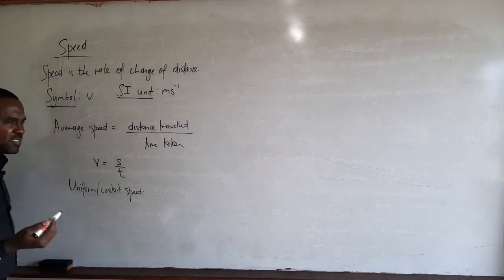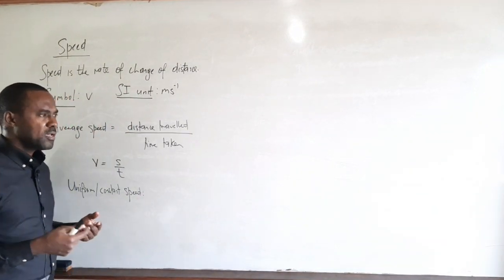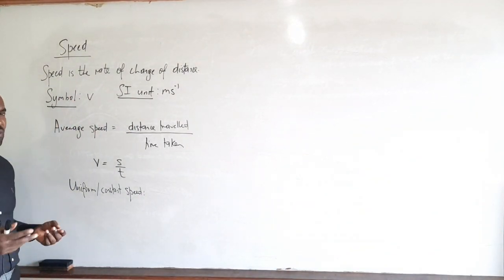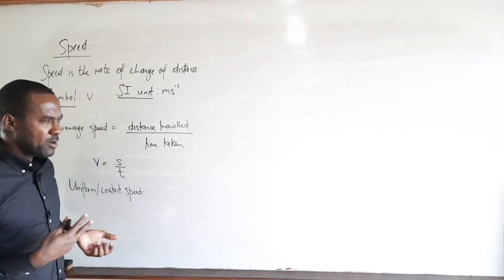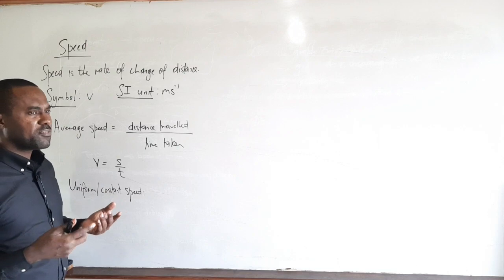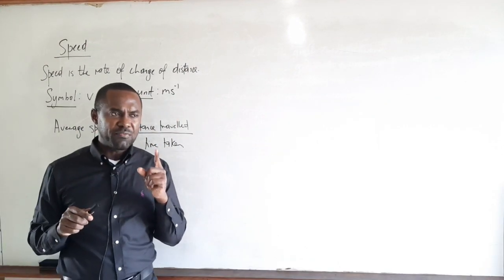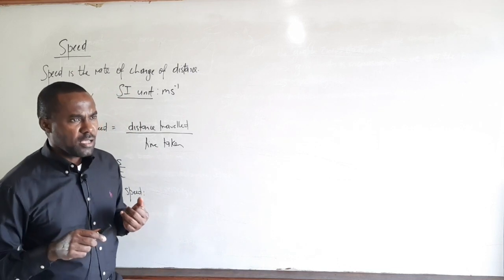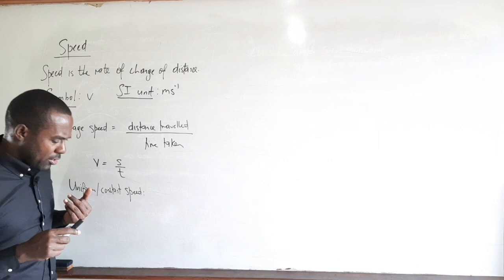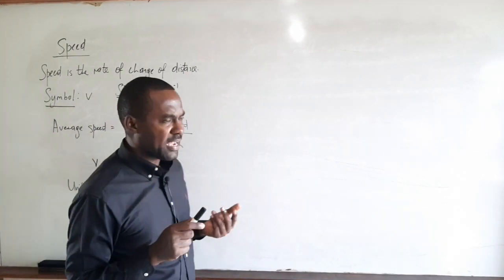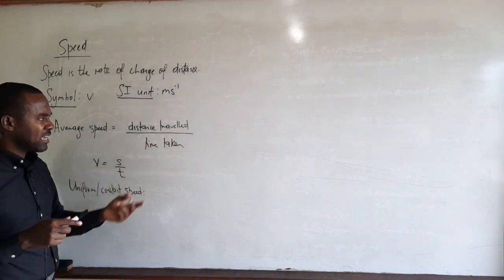Now, previously we met situations in which a body would have been moving and it moves a certain distance in a certain time, and we're able to calculate average speed. In a previous example, we spoke about an athlete who completed exactly one lap of a 400-meter track in a time of 50 seconds, right? The average speed for that athlete was obtained by dividing the distance traveled over the time taken.